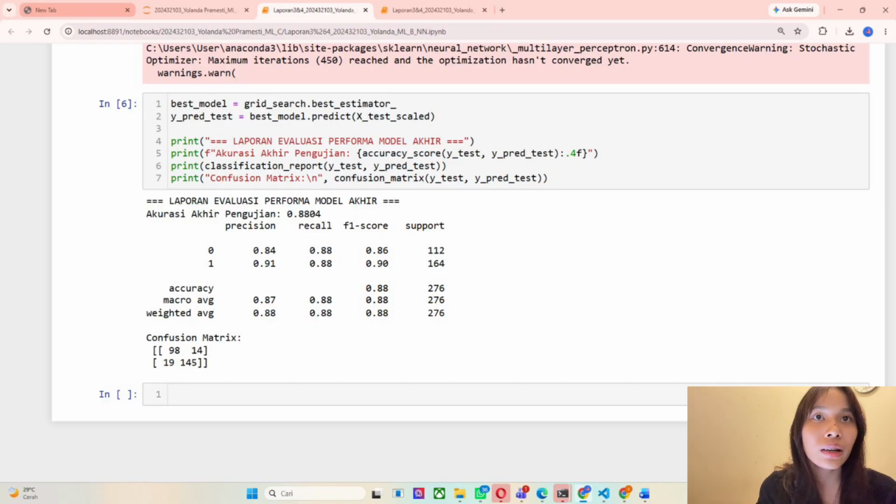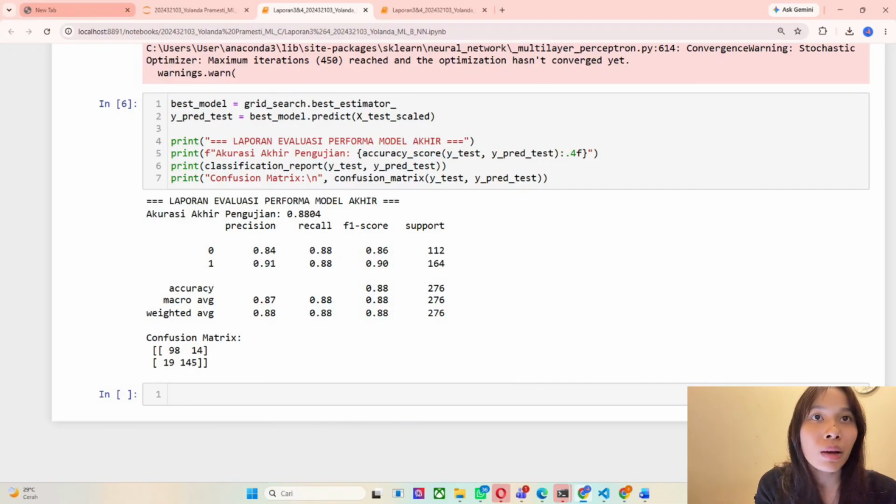To find the perfect setup, I implement GridSearchCV with 3-fold cross-validation, testing combinations of activation, solver, and learning rate strategies as printed in the output.